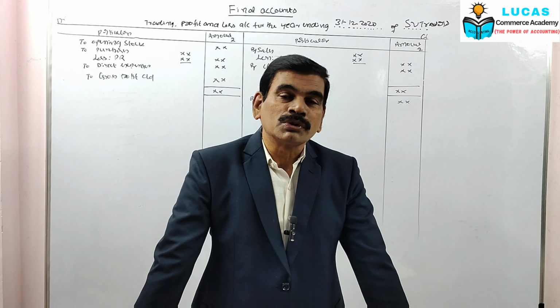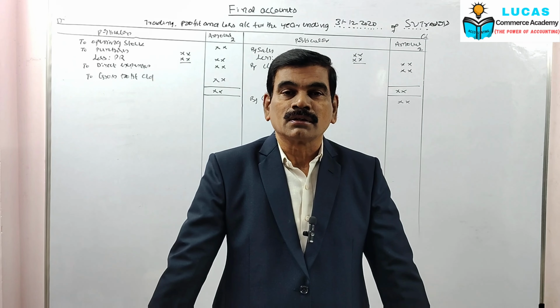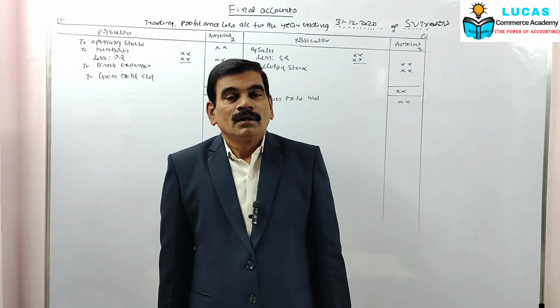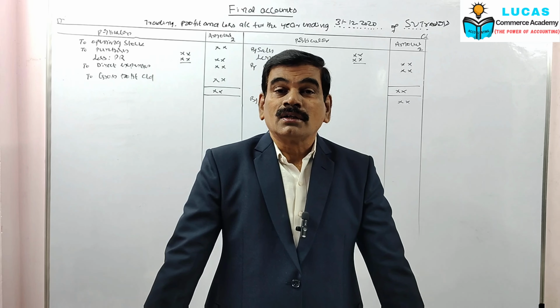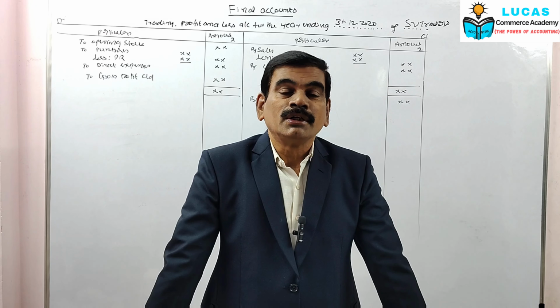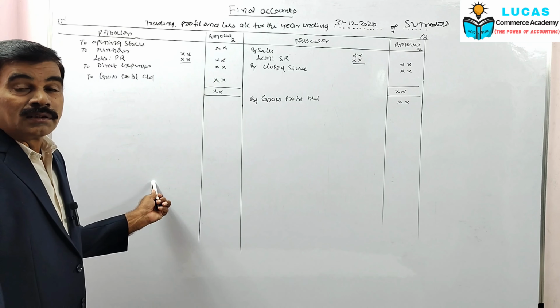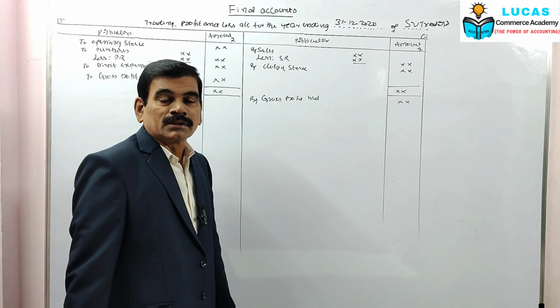These are directly associated with our goods or conversion of goods into finished product. But indirect expenses are not directly related to goods or conversion of goods into finished product.